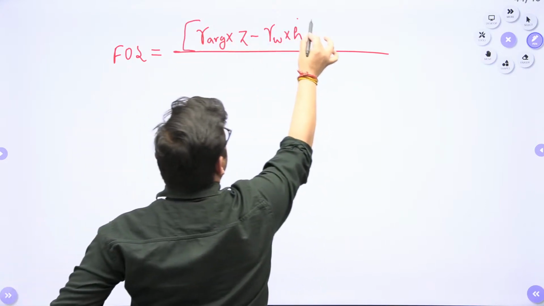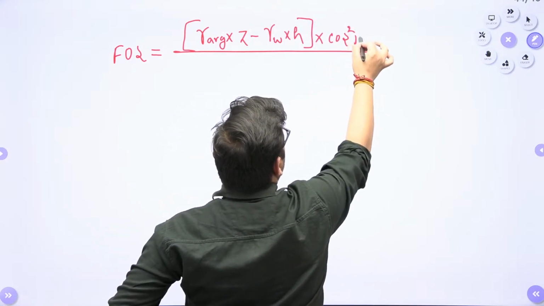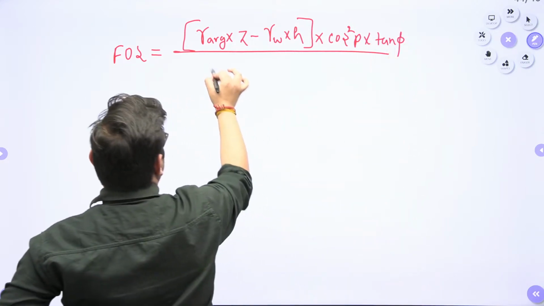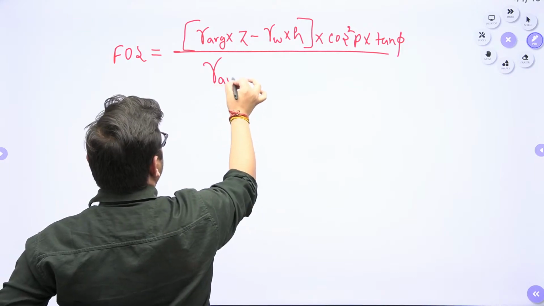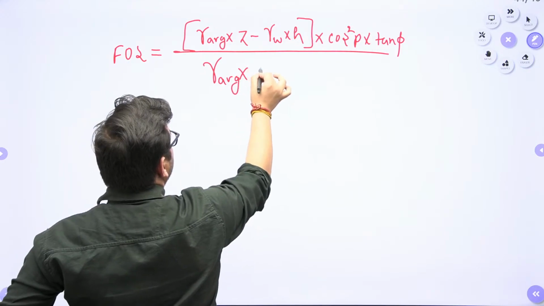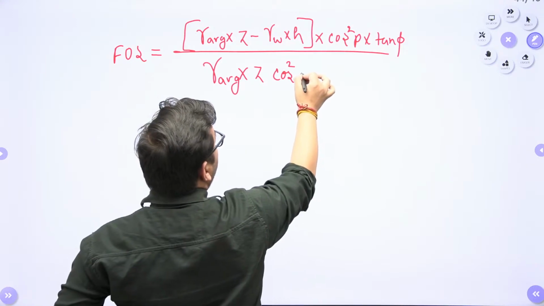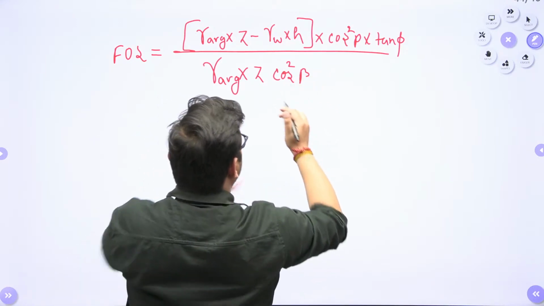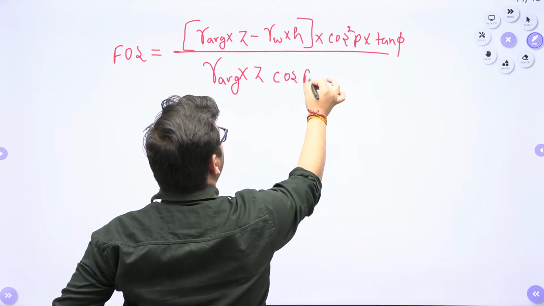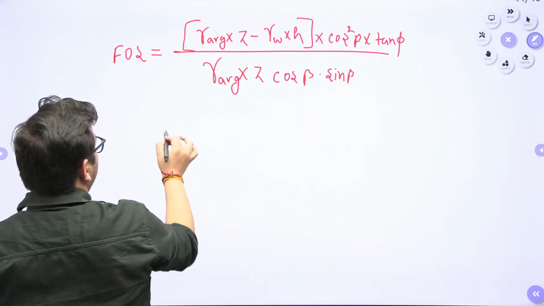Now it will be the effective stress into cos square beta into tan phi, right? Whereas writing the shear stress value, I can directly take it as gamma average, as this takes into account the saturated soil, into z, cos beta into sin beta, right?